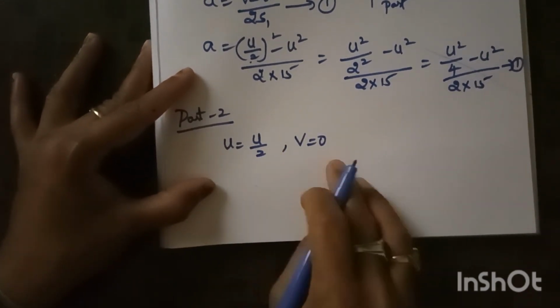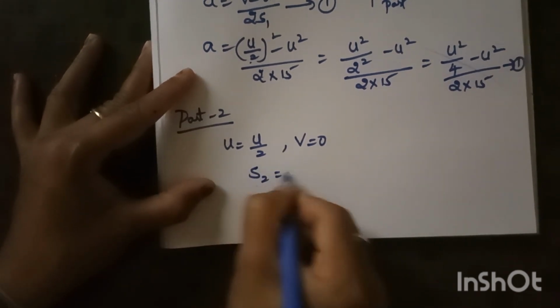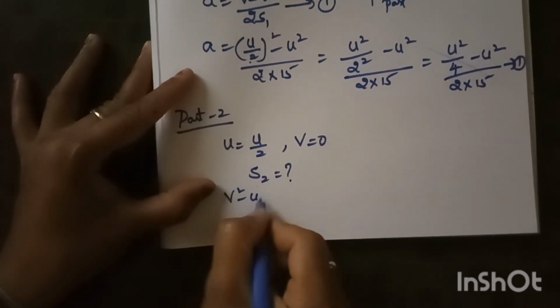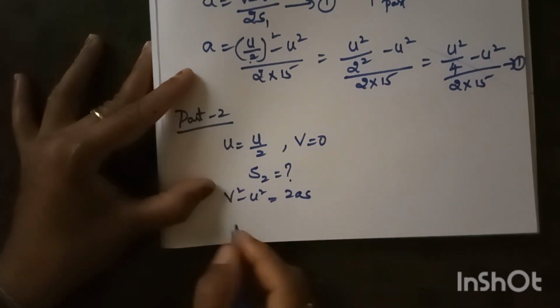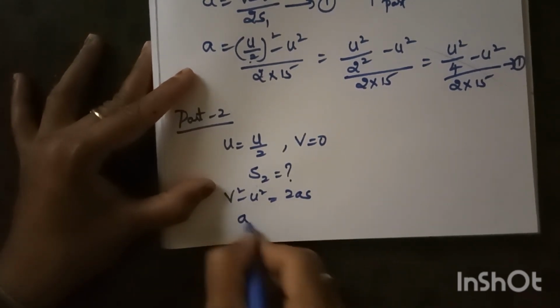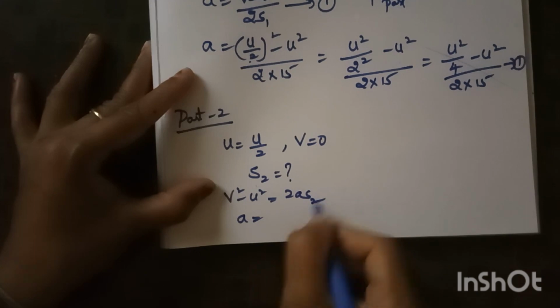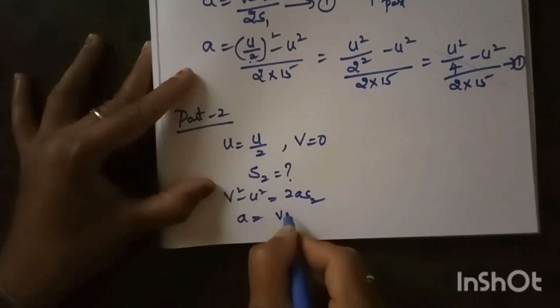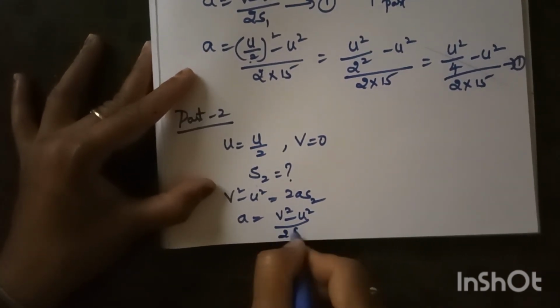As it is at rest, v becomes 0. s2 is equal to question mark. v square minus u square equals 2as. A equals, for the second distance you want, v square minus u square by 2s2.